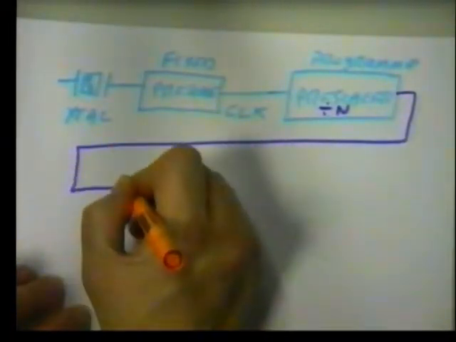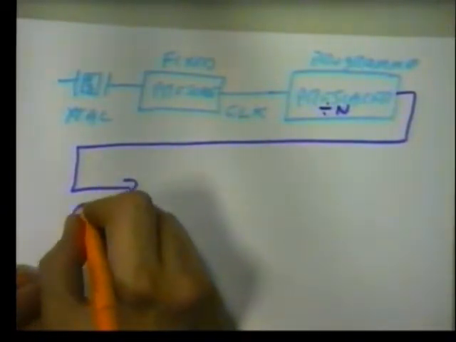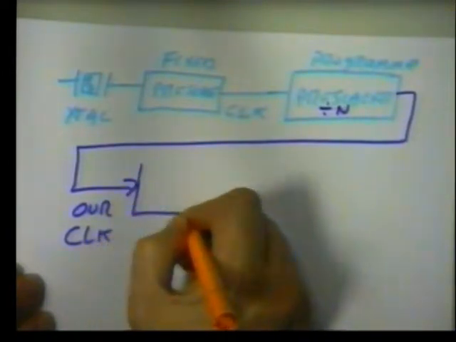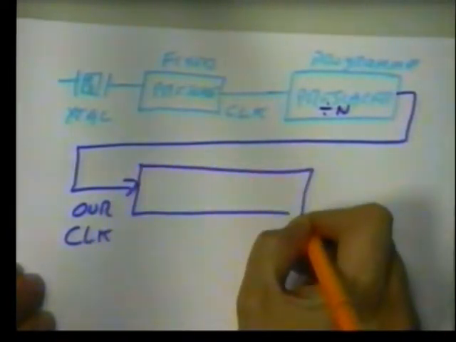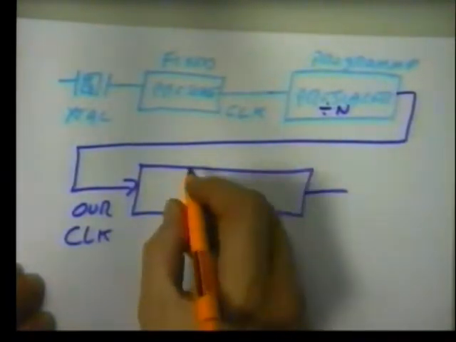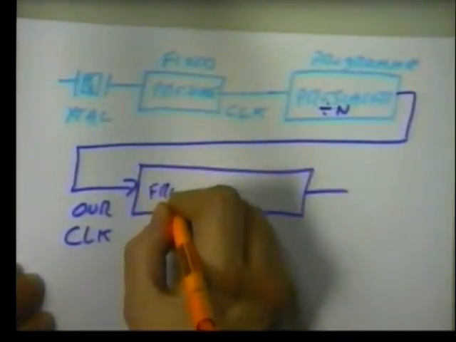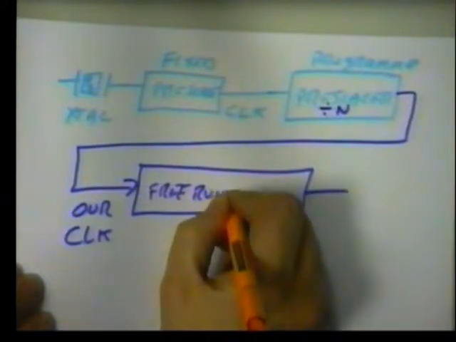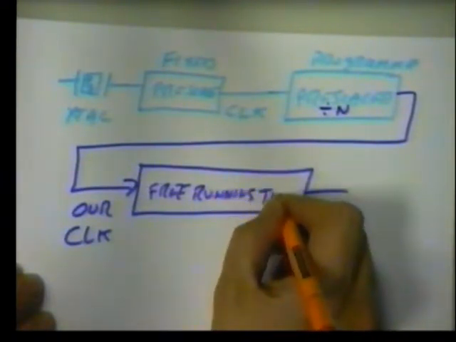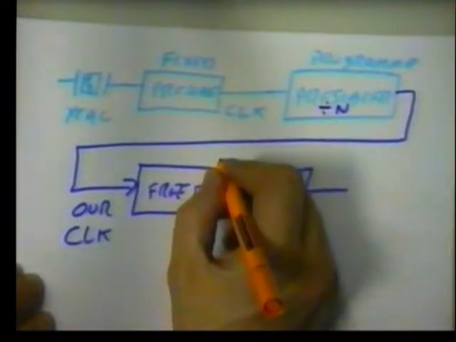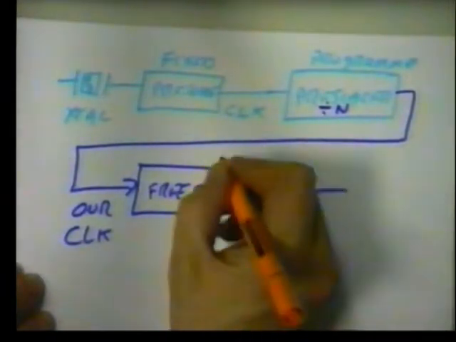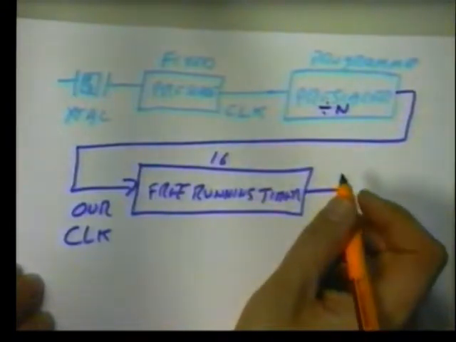So out of this, we now have our clock set to our frequency, which we've arranged by setting up a prescaler. Somewhere or other in the processor there will always be a free running timer or free running clock, and that is usually a 16-bit register.